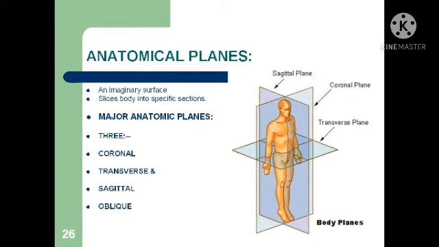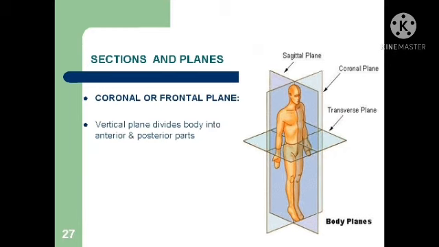Now the anatomical planes. These are imaginary planes on the surface of the human body. These are of types: the coronal plane, the transverse plane, the sagittal plane, and another is the oblique plane. The coronal plane divides the body simply into an anterior and posterior part. जैसे एक अगला और पिछला हिस्सा में उसको बॉडी को तकसीम कर देता है, उसको बोलते हैं कोरोनल प्लेन.